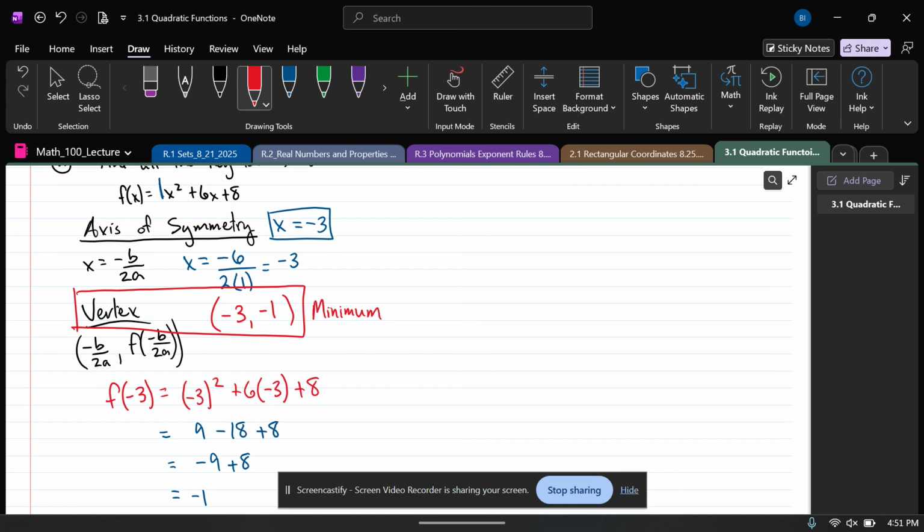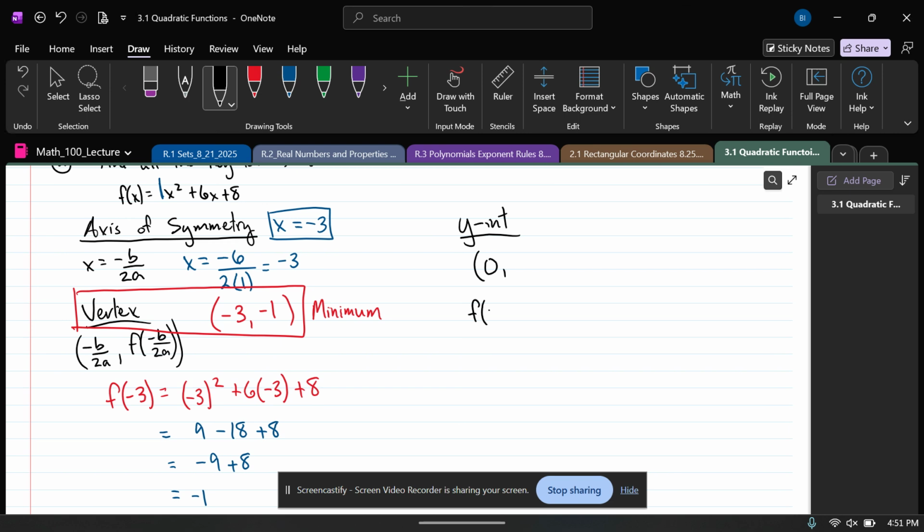Now, the next thing was, we've got axis of symmetry, vertex, maximum and minimum. So that's our three things. Now we need to find the y-intercept and the x-intercept. I'm going to find the y-intercept first. So how do I find a y-intercept? I plug a 0 in the place of x.